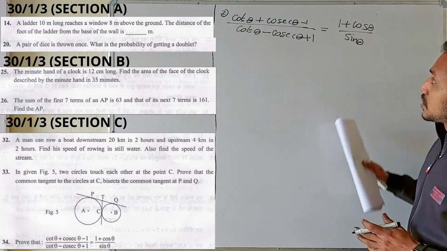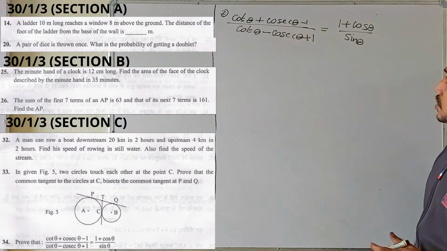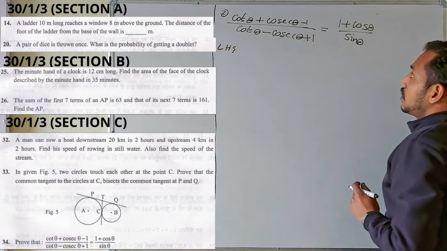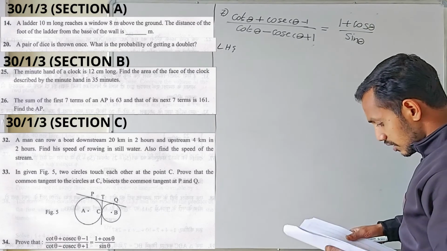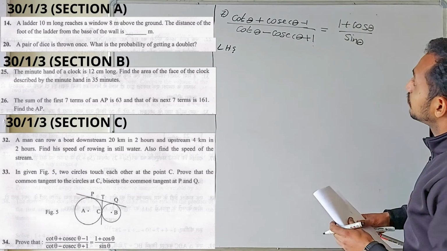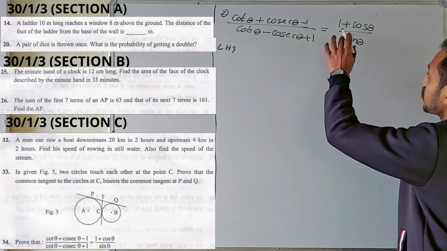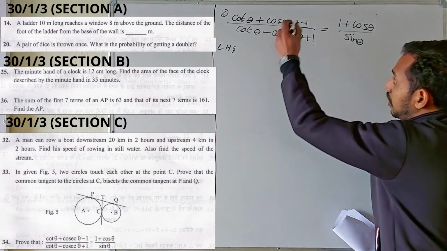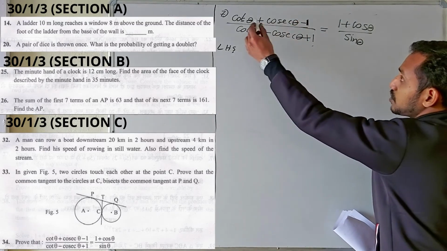Now next, question number 7. This is a prove-that question. Now take this LHS. Nothing is given, we just need to prove that. Here we have to prove 1 plus cos theta by sin theta. We are replacing this using cosec and cot.